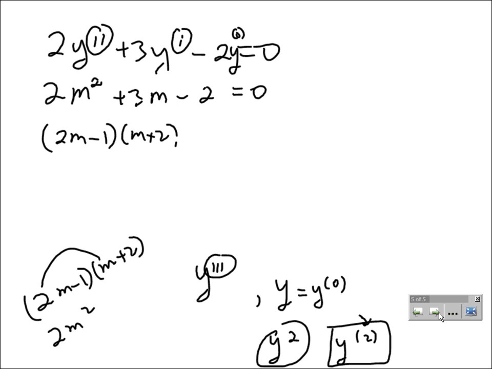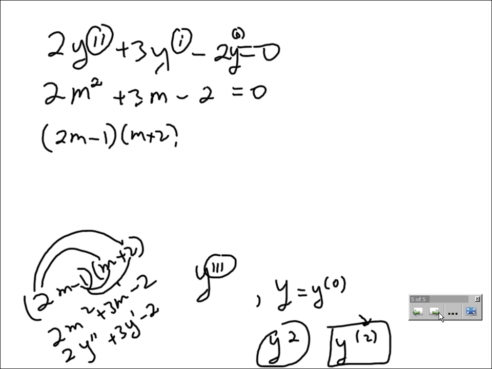I had 2m squared plus 4m minus 1m is 3m minus 2. And then, instead of m squared, I wrote double prime. Instead of m, which is understood to be the first, I wrote y prime. And instead of 2, I wrote down 2y equals 0. So I work backwards.